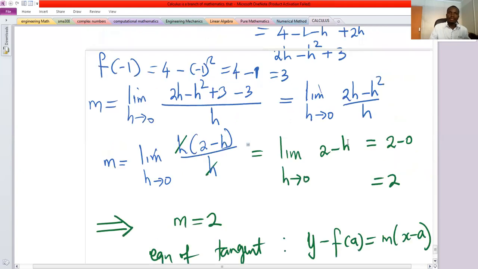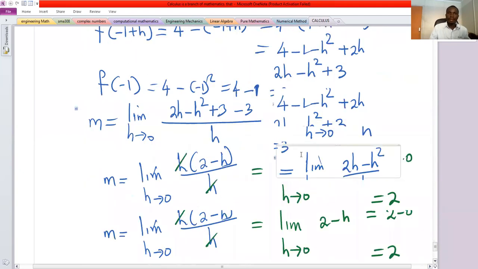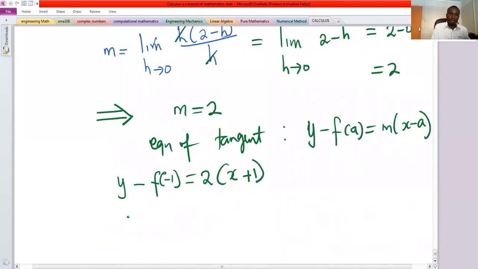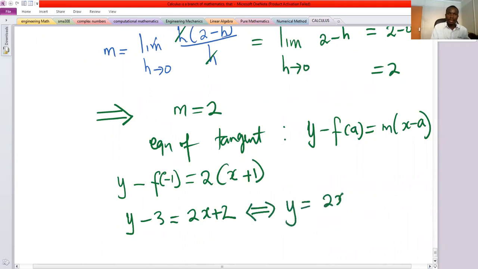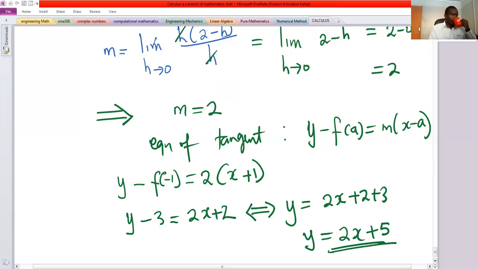From our calculation, f of minus 1 is 3. So we'll have y minus 3 equals 2x plus 2, which is the same as saying y equals 2x plus 2 plus 3. So y equals 2x plus 5. So this is the equation of the tangent.